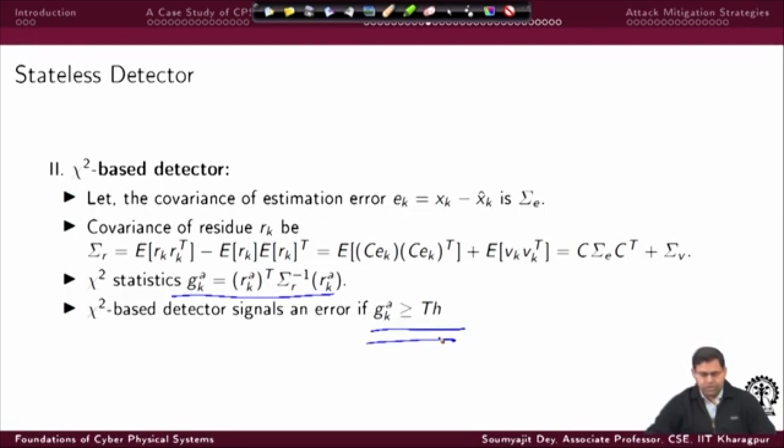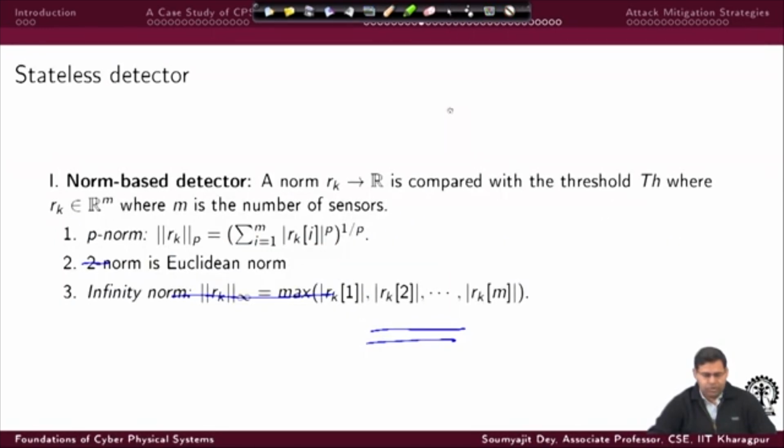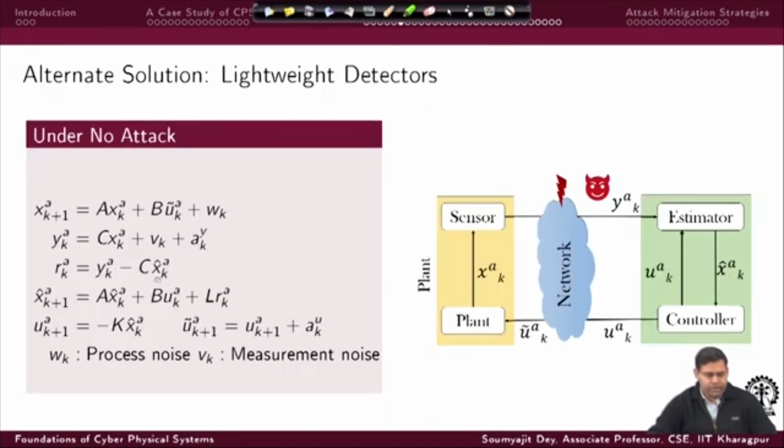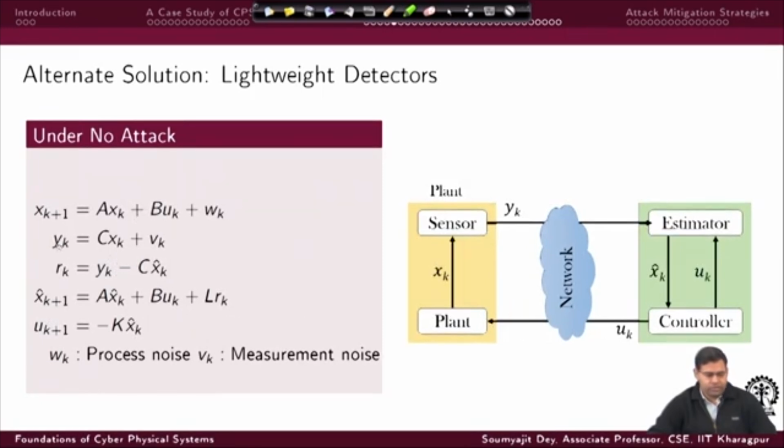this essentially is considering the covariance of the residue. So, let us understand what is this covariance of the residue. First of all, let us understand what is C here. If you recall from our previous examples, we related the residue value with this y.